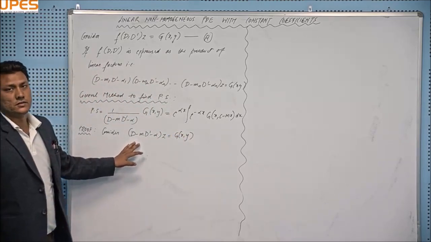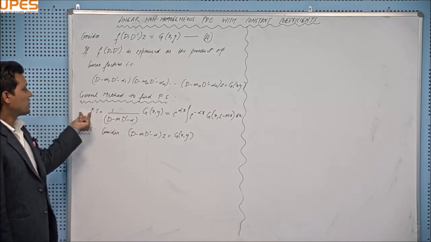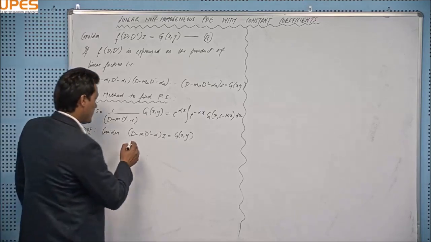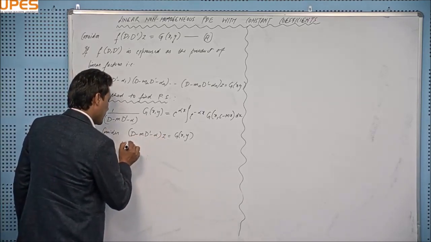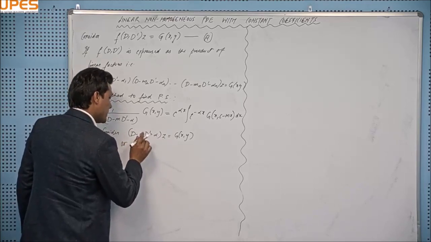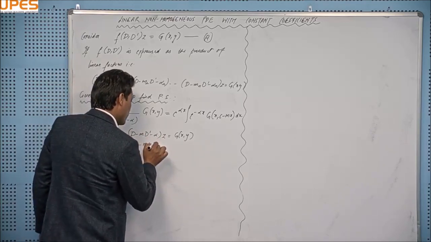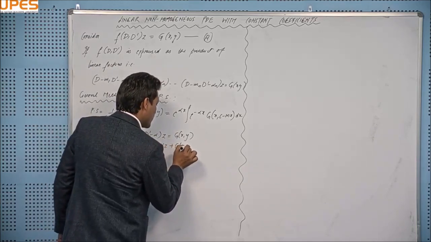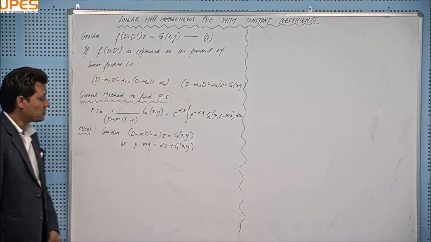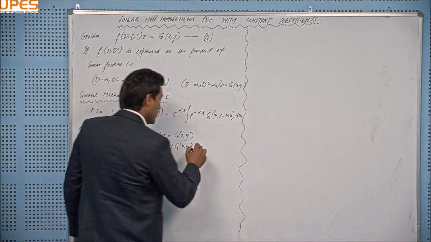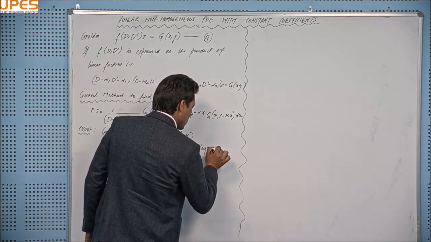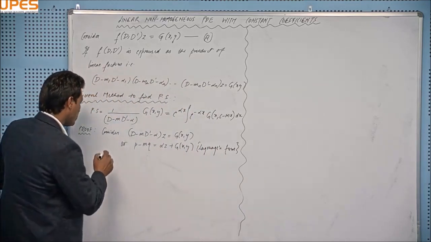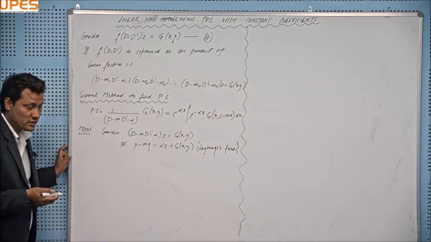I have taken this PDE because, cross multiplying, it can be written as p - mq = αz + g(x,y), and this is a very familiar PDE, Lagrange's form PDE.